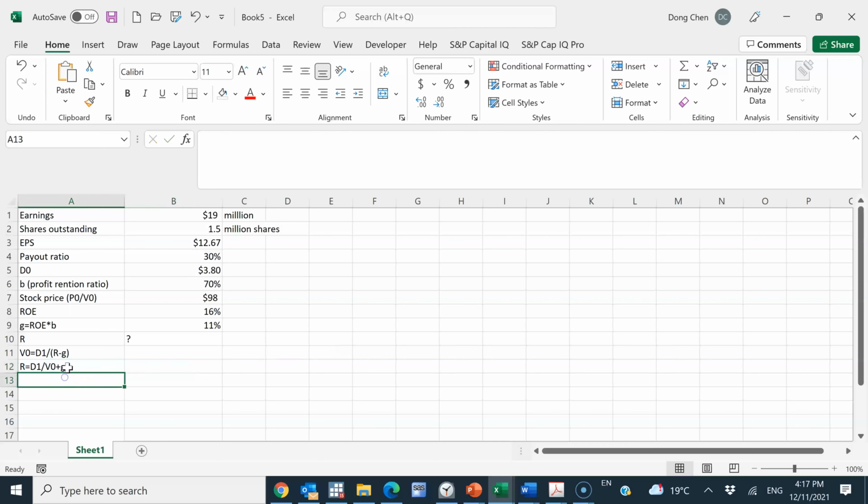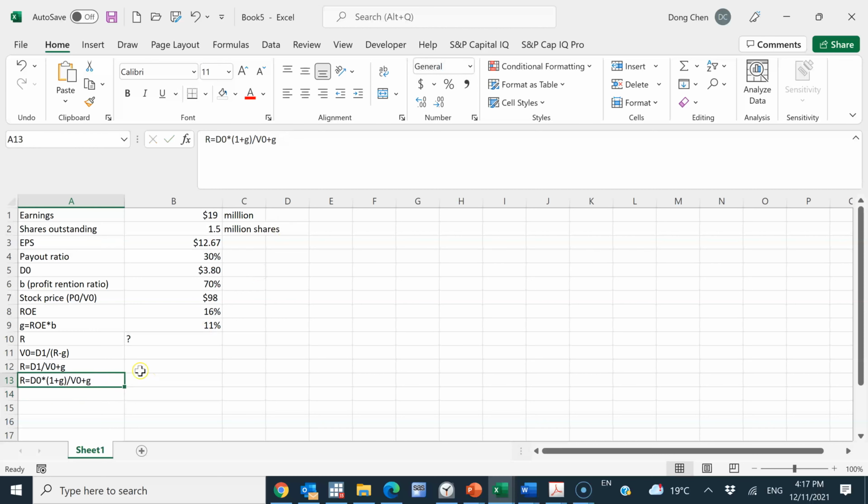And then the relationship between D1 and D0 is that D1 equals D0 times 1 plus g. So R equals D0 times 1 plus g, divided by V0, and then plus small g.